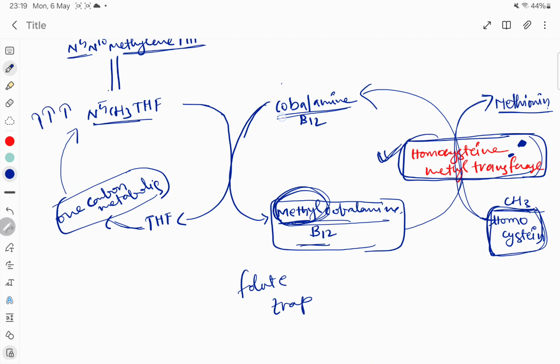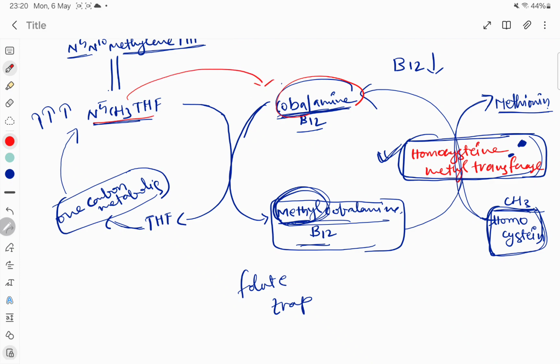But there is another vitamin, cobalamin, B12. For example, if the person has low levels of B12 or is deficient of B12, what happens? There is nobody to take up the methyl group from the tetrahydrofolate.